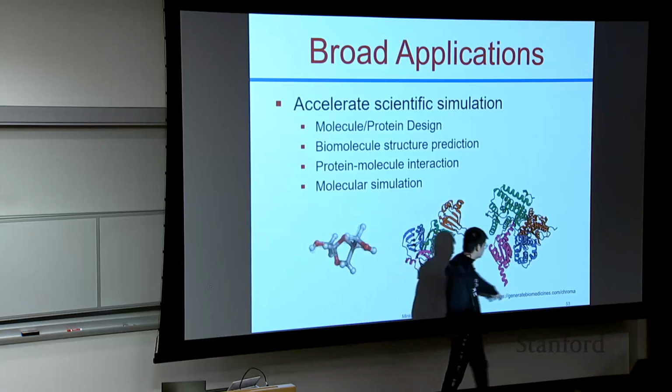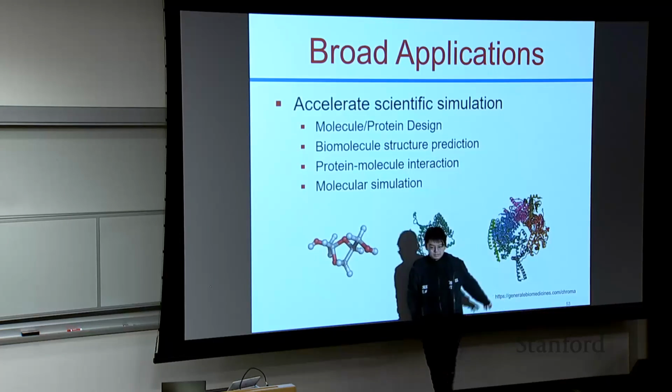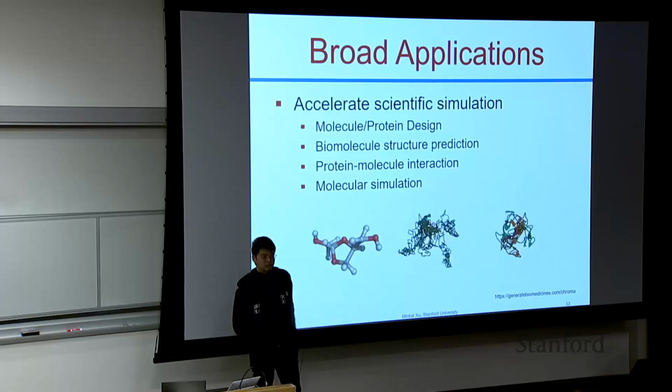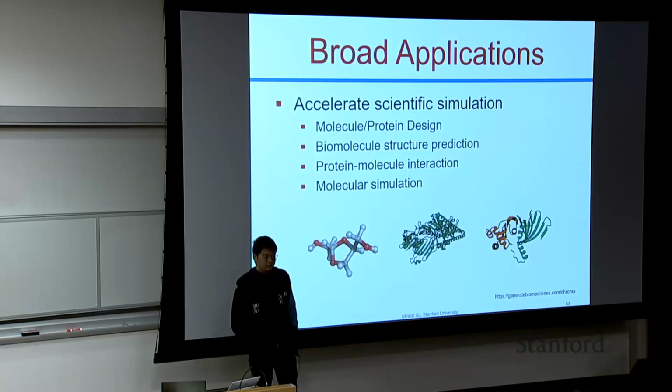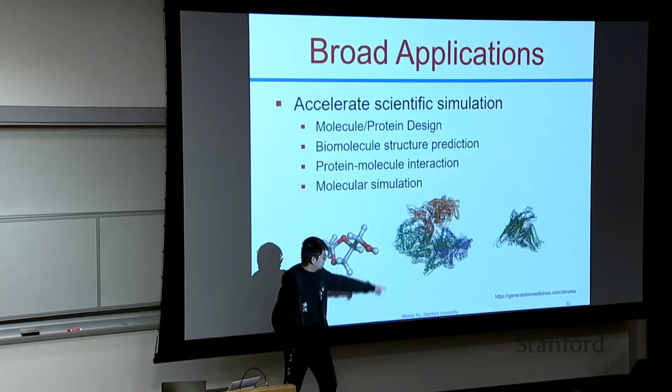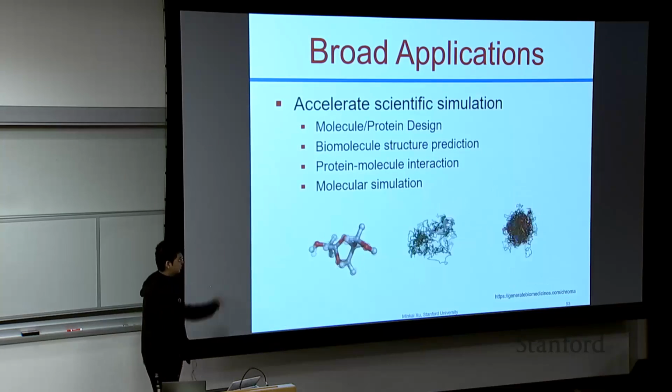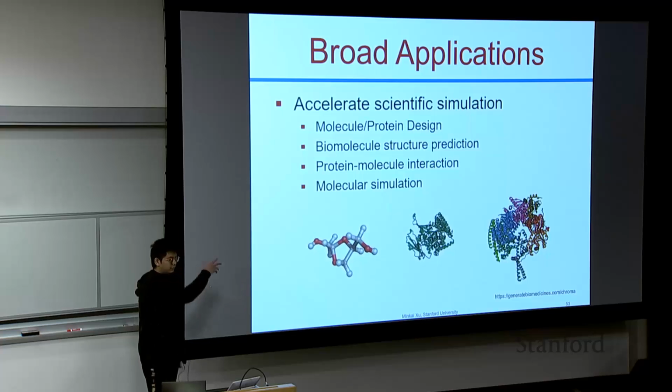And generative biomedicine is actually from the same founder, I think, of Moderna. So they opened another AI-motivated drug discovery company. All of this kind of task uses a modern diffusion model.